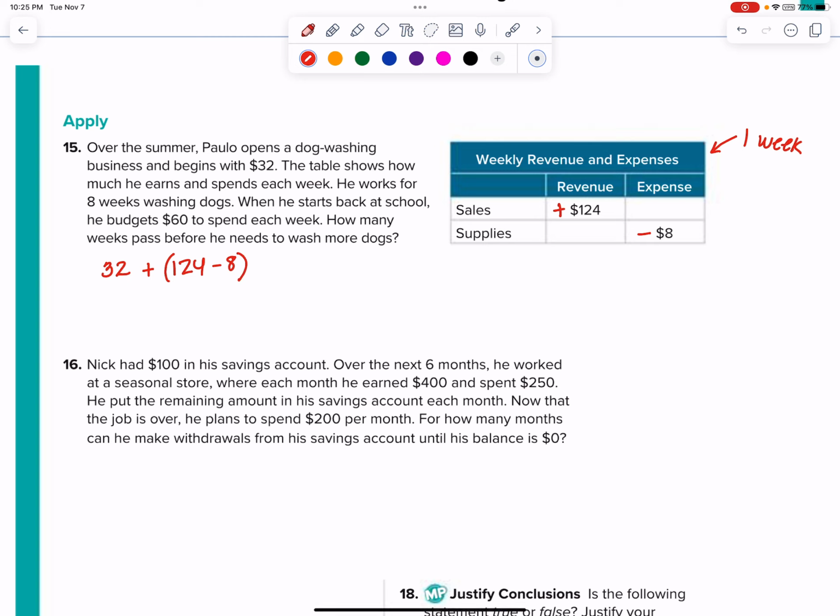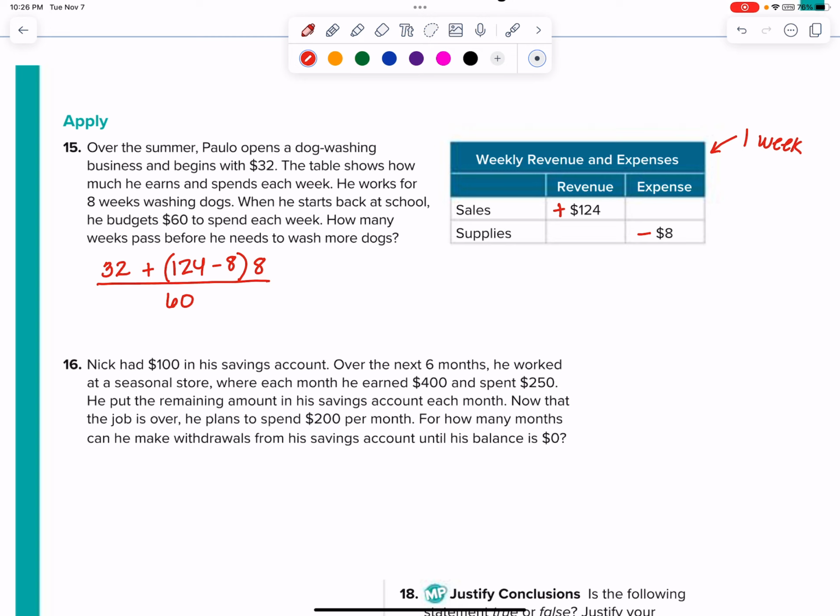Well, he works for 8 weeks, so I'm going to multiply that information by 8. And then if this is everything in his bank account, his plan is to spend $60 each week. So we're going to divide the whole thing by 60 to see how many weeks he can be spending $60 before he's out of money and has to wash more dogs.